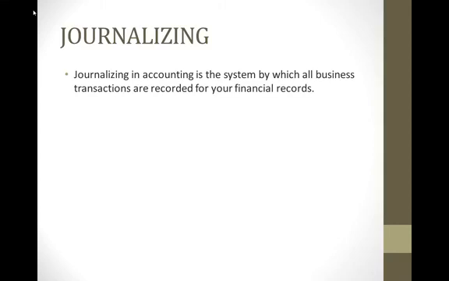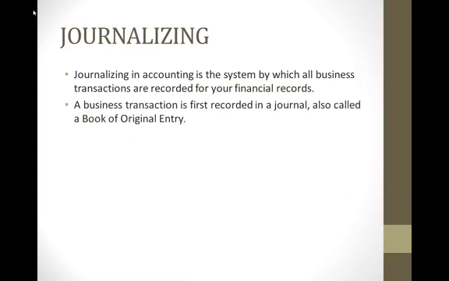Journalizing in accounting is a system by which all business transactions are recorded for your financial records. A business transaction is first recorded in a journal, also called a book of original entry.